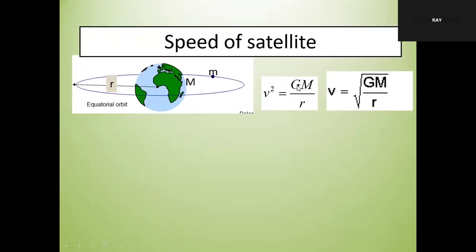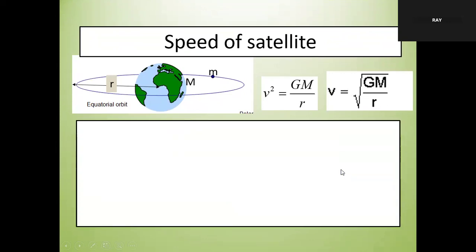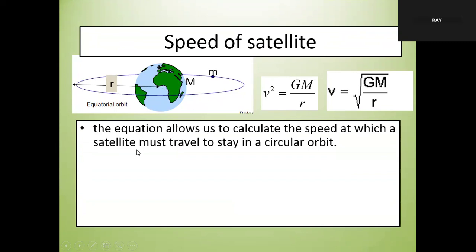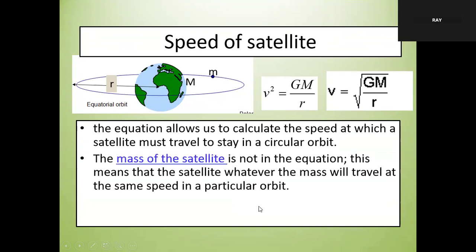Okay, so we have derived this equation. We square root it, we get v equals the square root of GM over r, where M is the mass of the Earth and r is the radius of the orbit. The equation allows us to calculate the speed at which a satellite must travel to stay in a circular orbit. That speed is for a particular orbit r only.